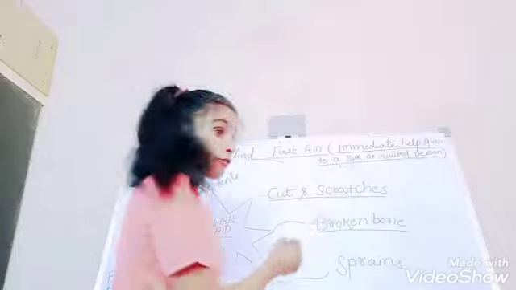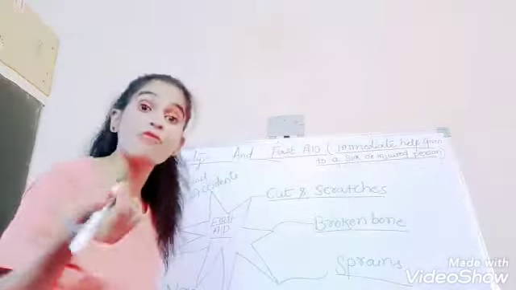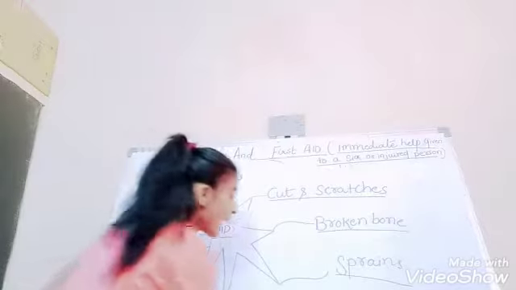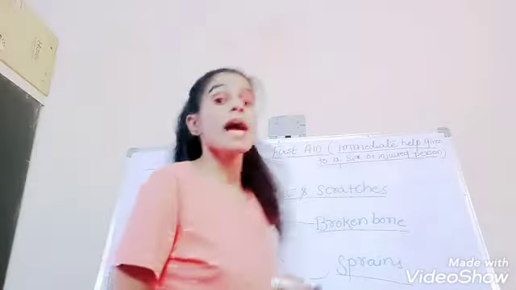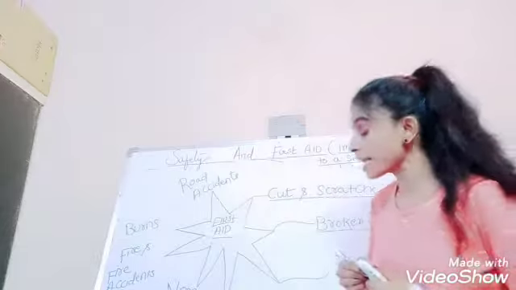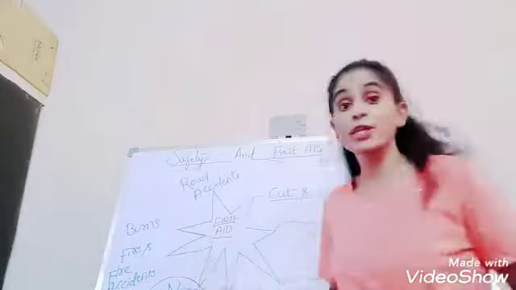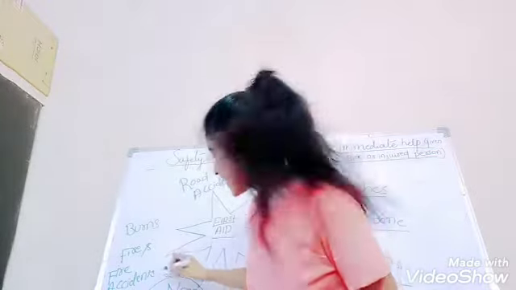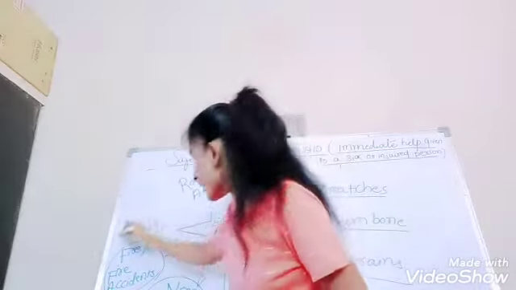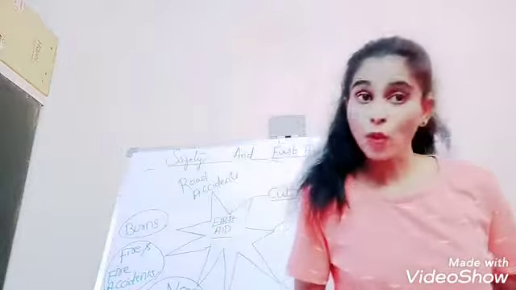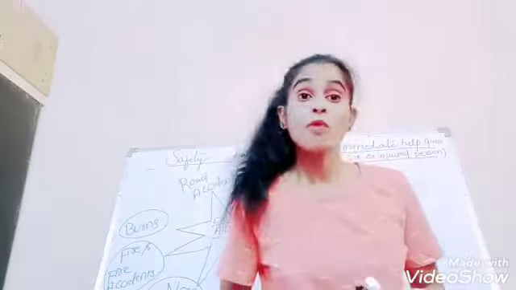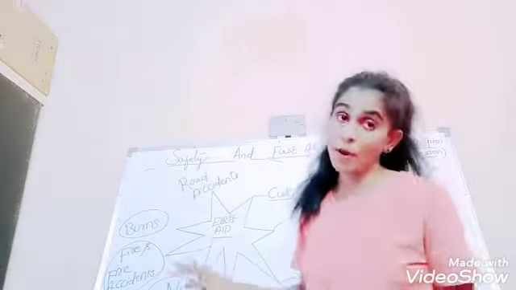What first aid should we give for sprains, for an animal bite, for bleeding from the nose, during fire accidents, during burns, and in road accidents? So let's study what first aid we can give when we come across such accidents.